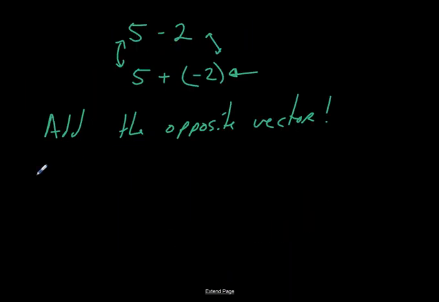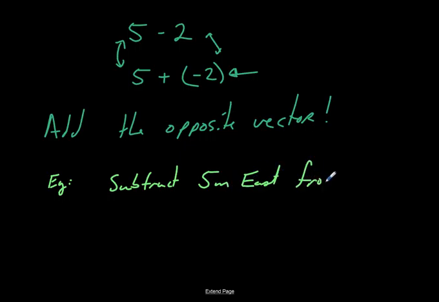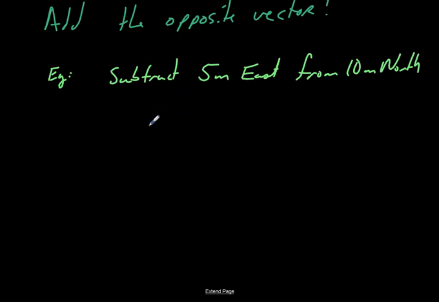Okay? I'll just do a tiny example. We won't actually solve it, but just so you know what I mean. Example. Subtract 5 meters east from 10 meters north. So what we want to say then is, okay, I've got 10 meters north minus 5 meters east, right? That's what we want, 10 meters north minus 5 meters east.